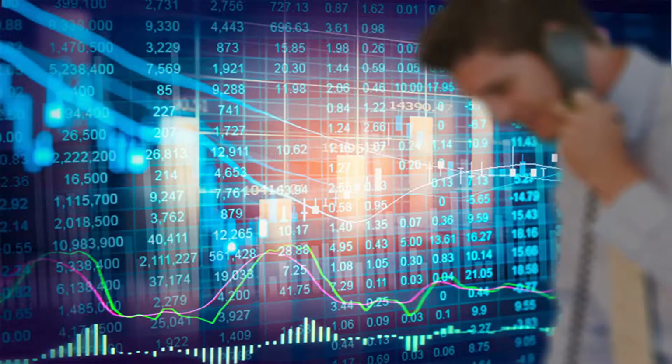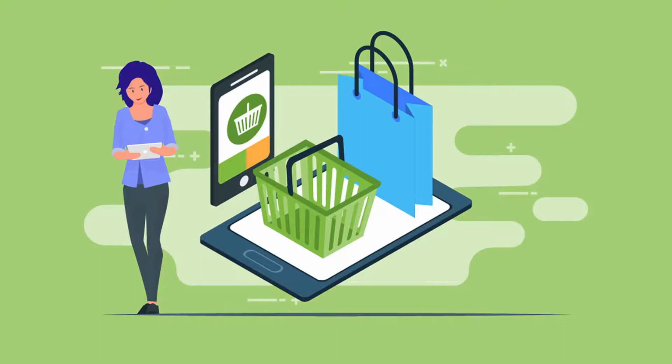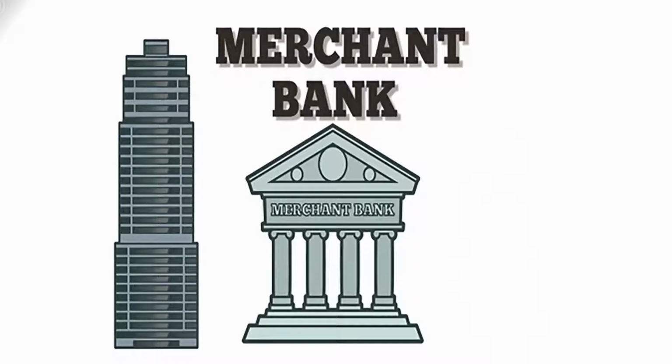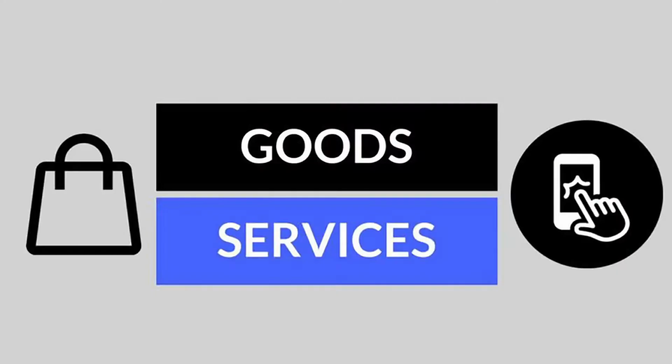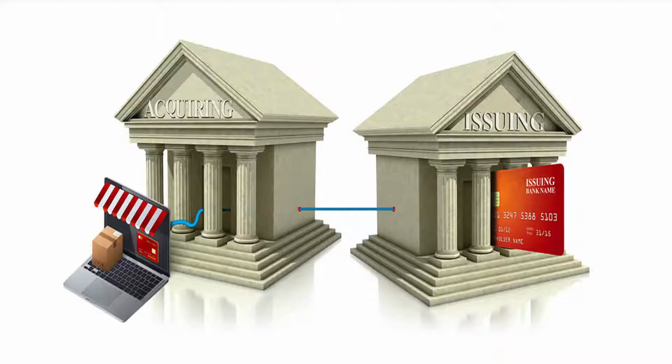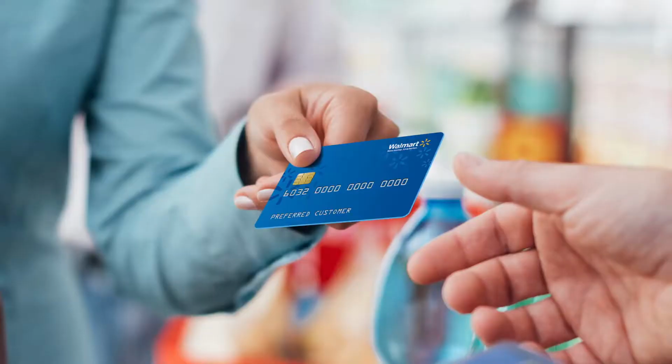In order to accept electronic payments from online customers, it is necessary to have a merchant bank that accepts payment on the trader's behalf and deposits them into the merchant account they provide. In order for the customer to pay for goods and services, the bank, called the issuing bank, approves the payment card and lends the cash to pay the trader.